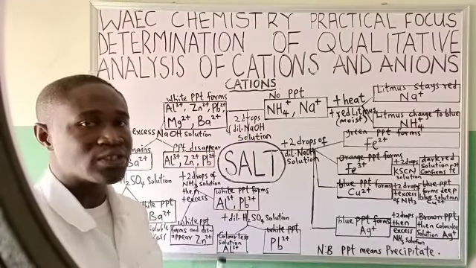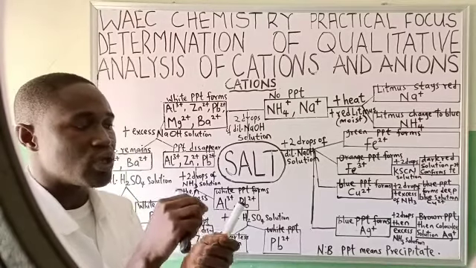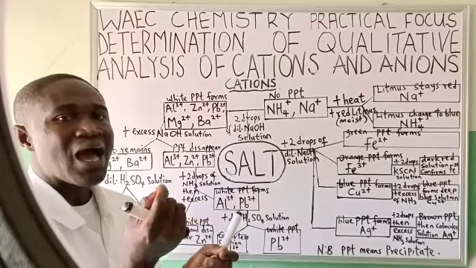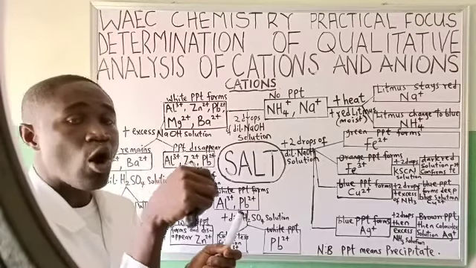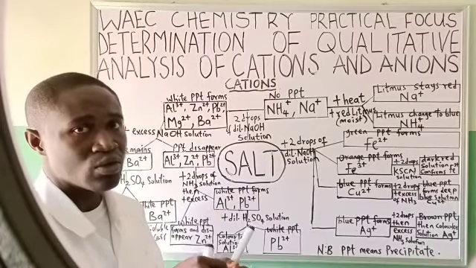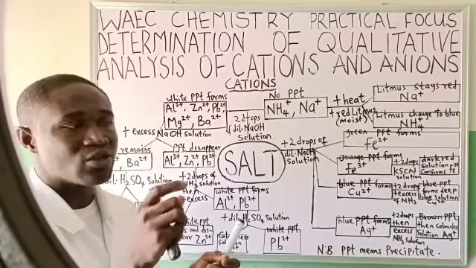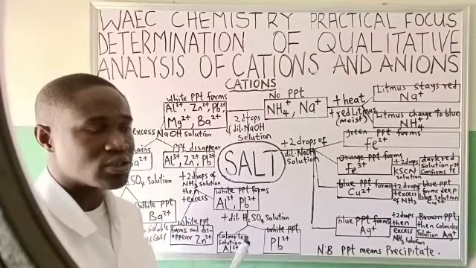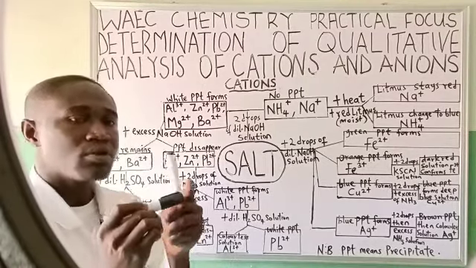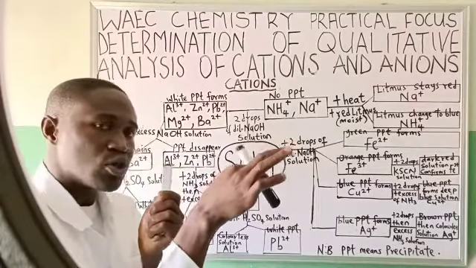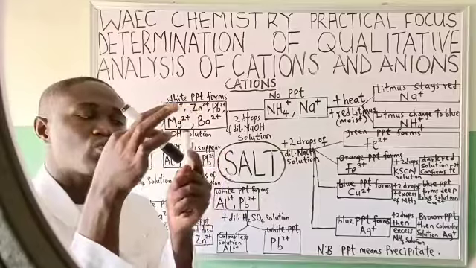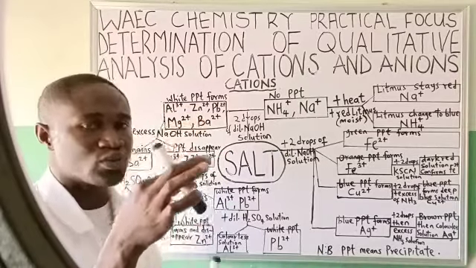Get your salt, put it on a sheet of paper, and add a drop of conc HCl on it. Then use the bottom of your test tube to soak it so that the salt will wrap on the bottom of the test tube.